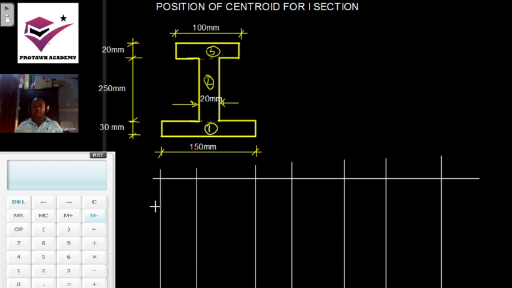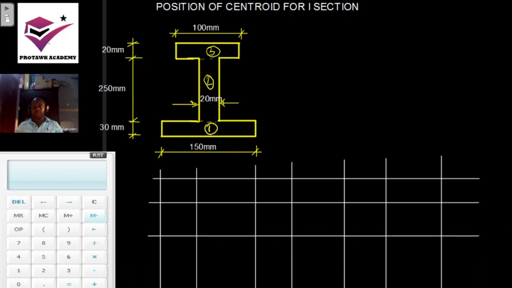We have several rows: the first row for the first shape, the second row for the second shape, and the third row for the third shape. Since we have three shapes here, we break it down into three shapes in order to save time. We can also split it into further shapes if you want.